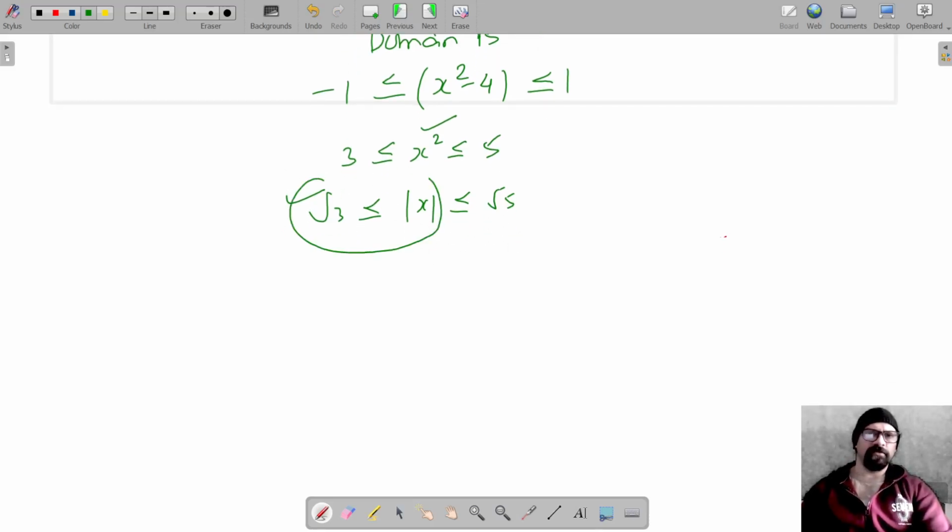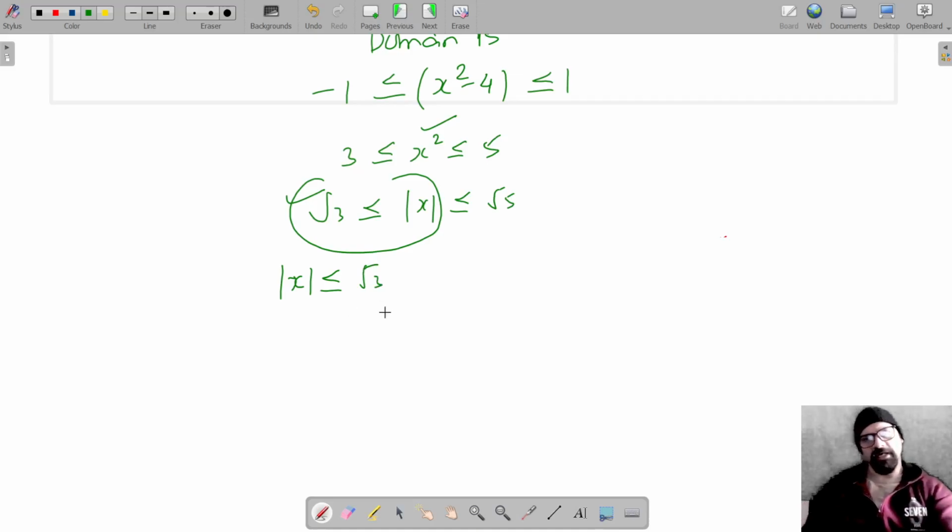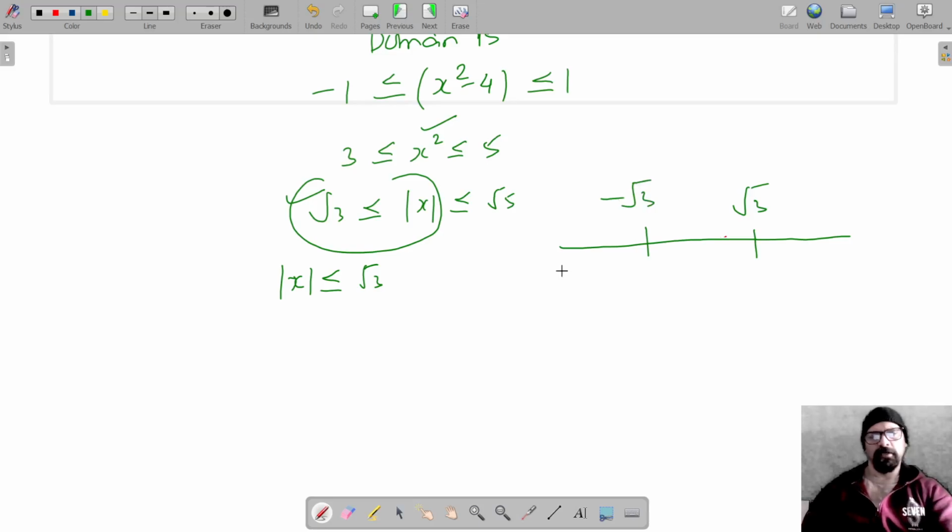Okay, what does this mean? When modulus of x is greater than or equal to root 3, let's draw the number line, and let's say this is negative root 3.